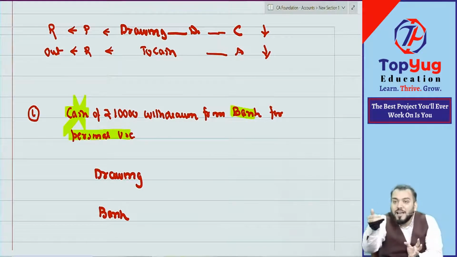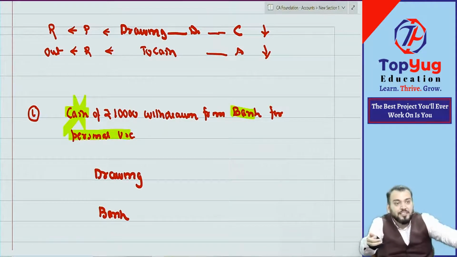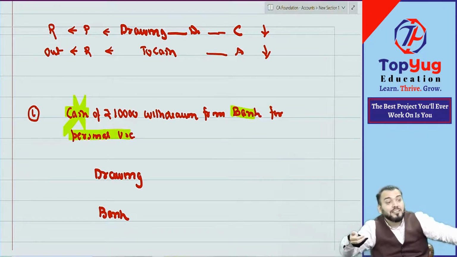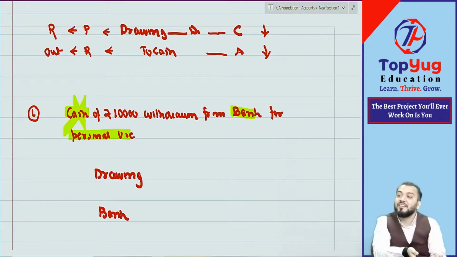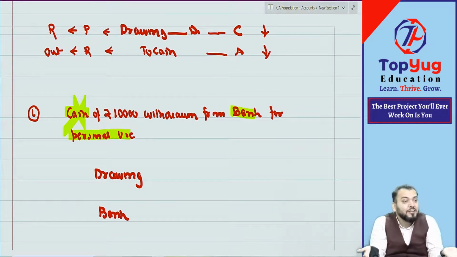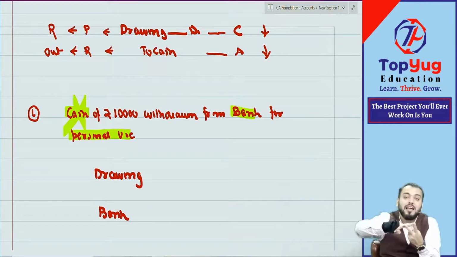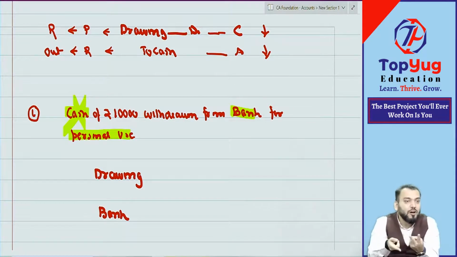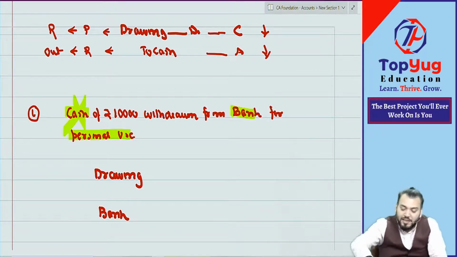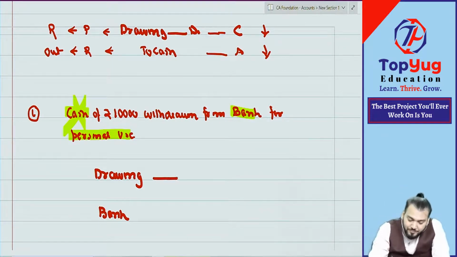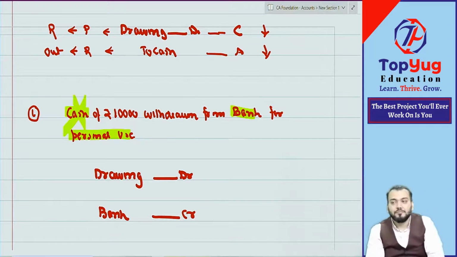Ram went to the bank of business. The bank is affected, cash collected, but that cash is not coming into business. Therefore, cash will not be affected. Only two: bank and Ram. Ram means withdrawal, so the drawing account. The drawing account will be debited and the bank account will be credited.